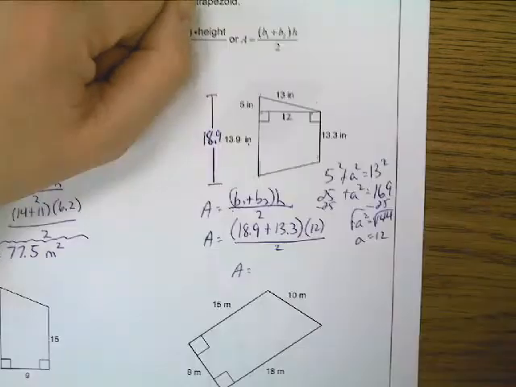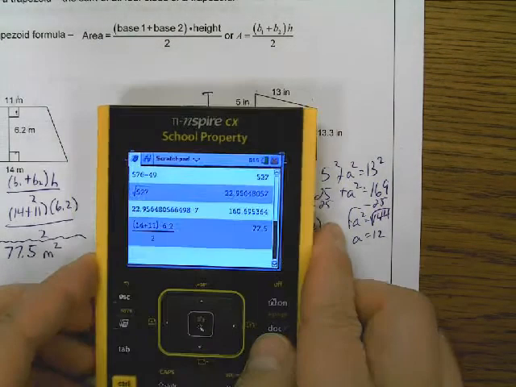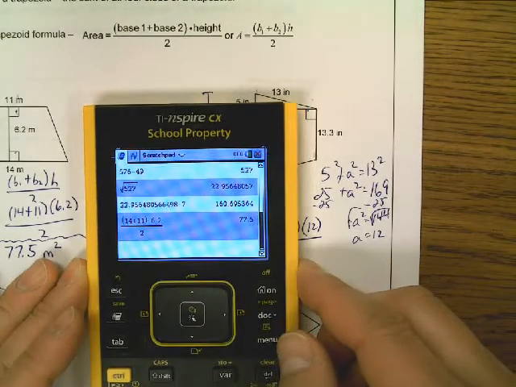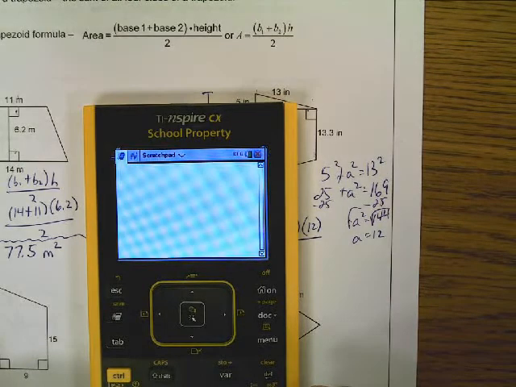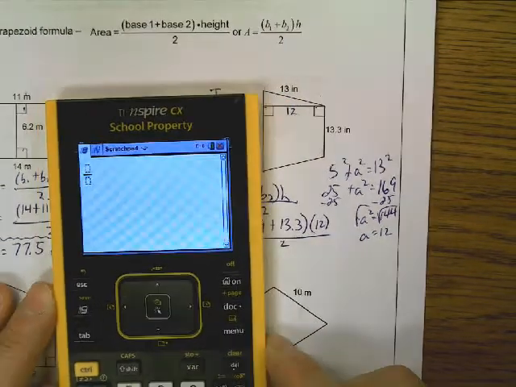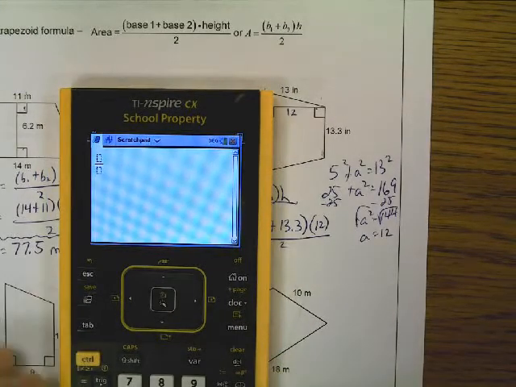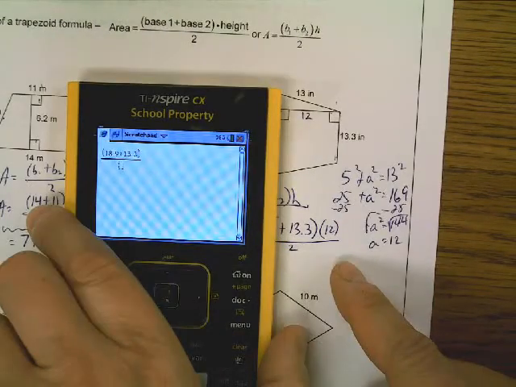So now you're going to put that into your calculator. Go to your calculator, go to the scratch pad, calculate. I'm going to clear this off again. All right, control divide, and I've got 18.9 in parentheses. So parentheses 18.9 plus 13.3. Make sure I've got this right.